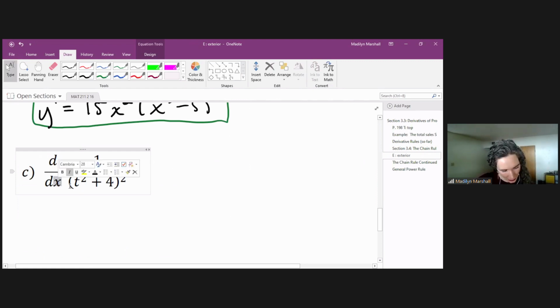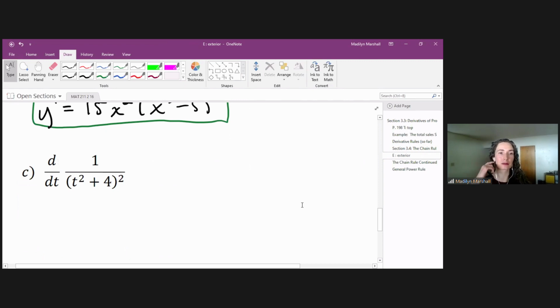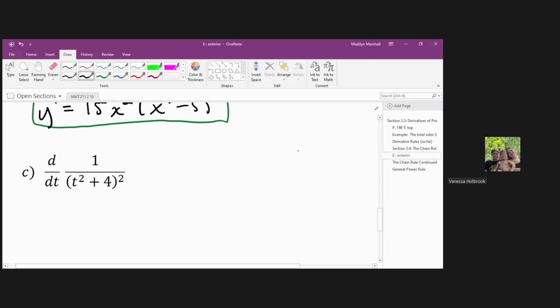Can't take the derivative with respect to x if there's no x. There we go. No, it just looks gross.